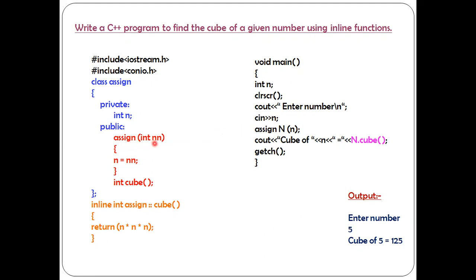What value has been carried from this main function to this constructor member function? 5. 5 is copied to which variable? The nn variable. In the next line, open flower bracket, n is equal to nn. So 5 is assigned to which variable now? n. Now n is equal to 5.